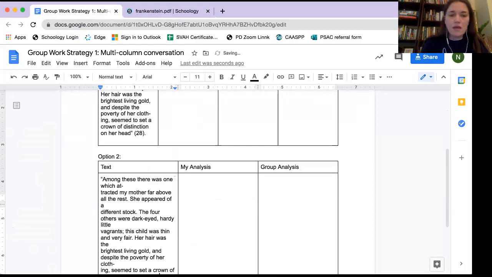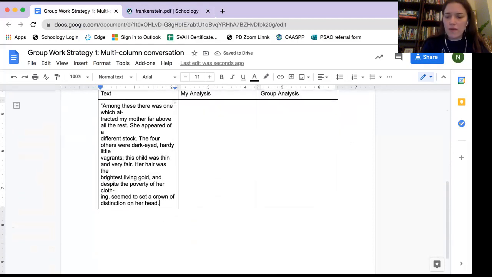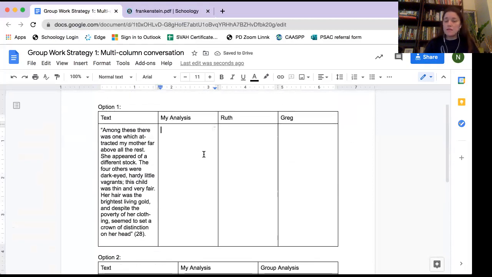Okay, so that's what I'm doing. I don't know why that one looks so terrible, but that doesn't matter. Okay, and then what I would do here is I would write my analysis, whether I'm analyzing from a feminist lens or, excuse me, a Marxist lens or a historical lens. Actually, all of those for this one are going to be pretty similar. So I might say something about how Frankenstein as the narrator seems biased towards people who meet Western standards of beauty, right?